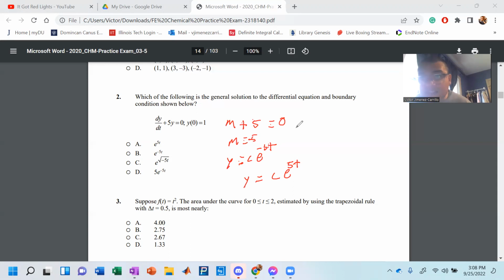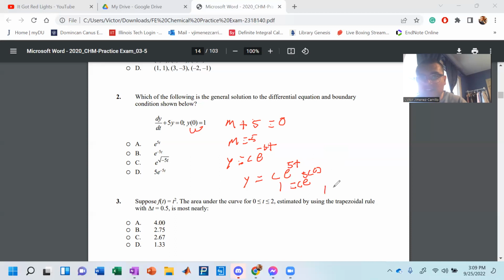Now, with that said, you're still not done because you don't know the final solution, but you do have initial conditions, which you just simply plug into this solution that you solve for, which then would be 1 equals c e to the 5 times 0. Anything to the 0 power, ladies and gentlemen, is equal to 1.